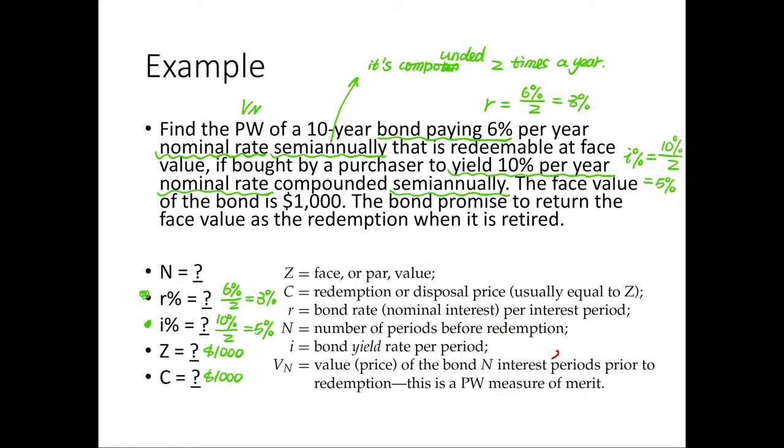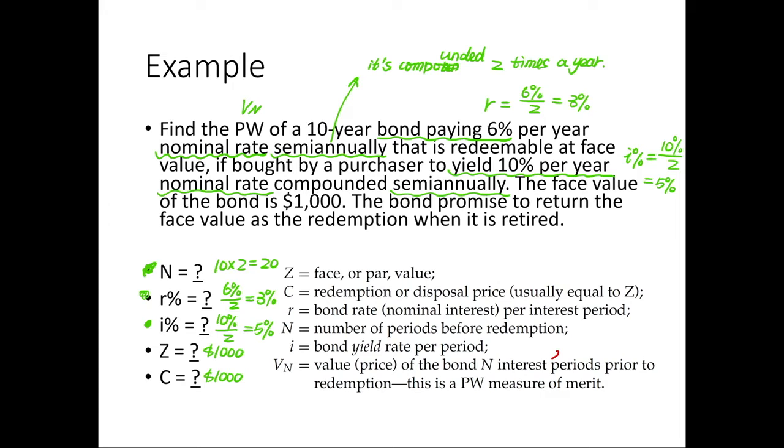And the last value you want to know is N, the number of periods. So the N is not 10 years, because every year you need to compound or calculate the interest twice. So it's going to be 10 times 2. It's 20.